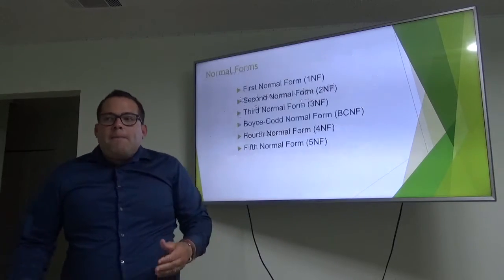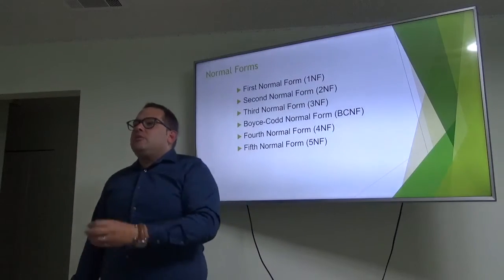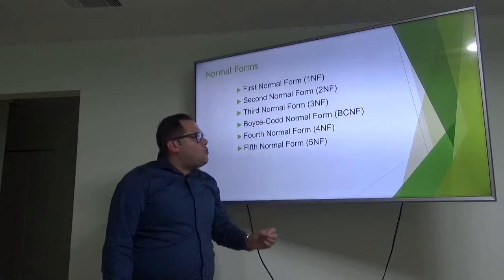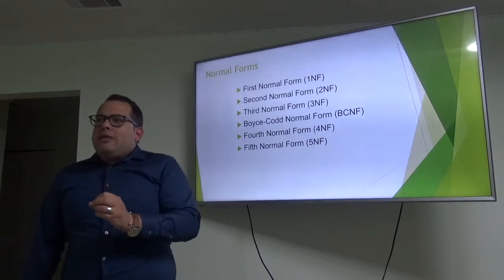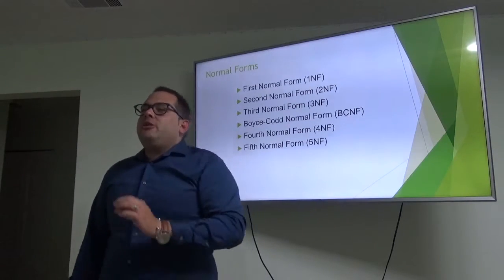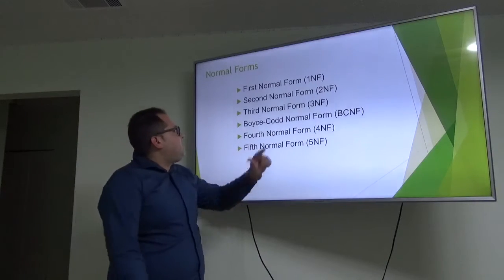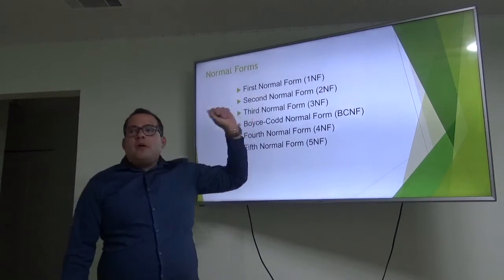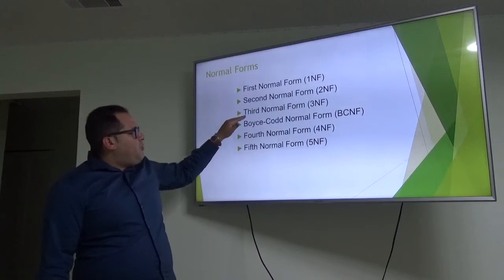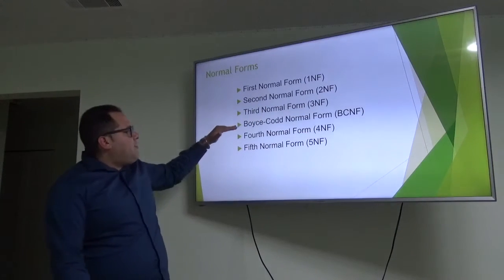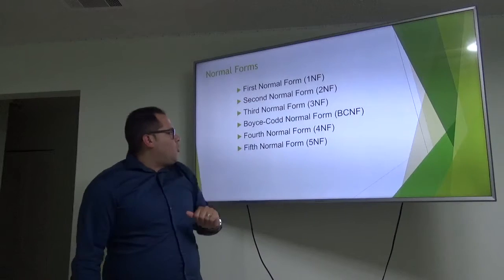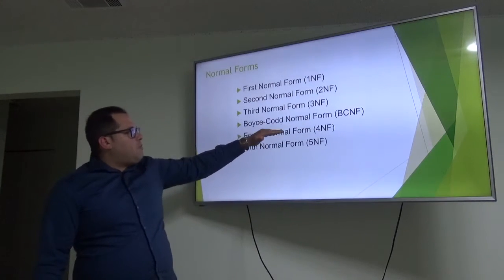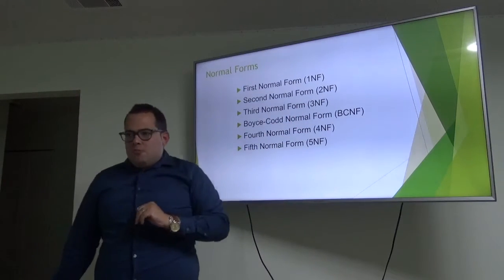Okay, we have different normal forms. The normalization has different normal forms. We have first normal form, second normal form, third normal form, Boyce-Codd normal form, fourth normal form, and fifth normal form.